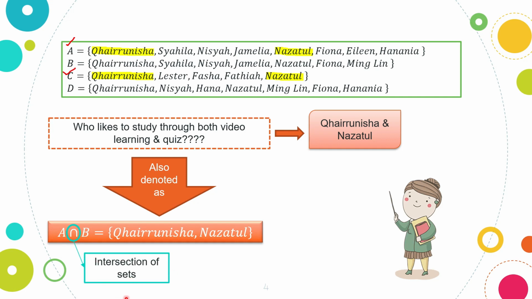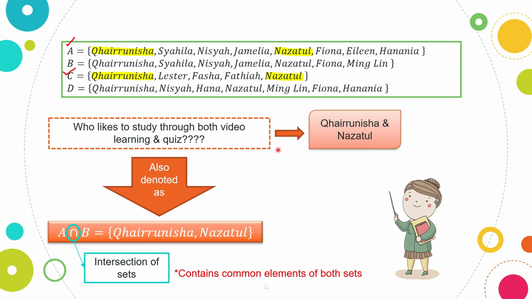What is meant by the intersection of sets? It contains the common elements of both sets. The common elements from set A and set C are Kairunisha and Nazatul, both of whom like to study through video learning and quiz.